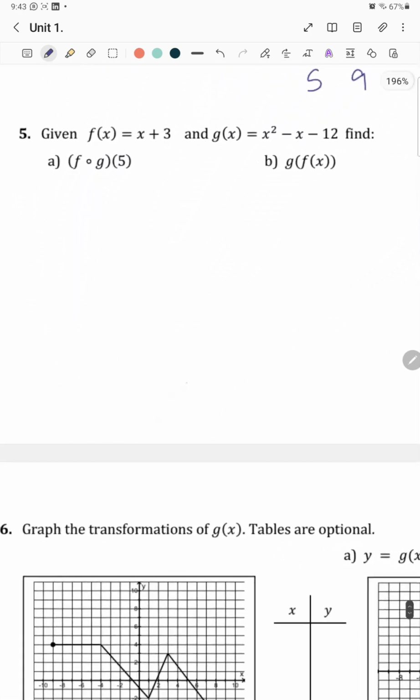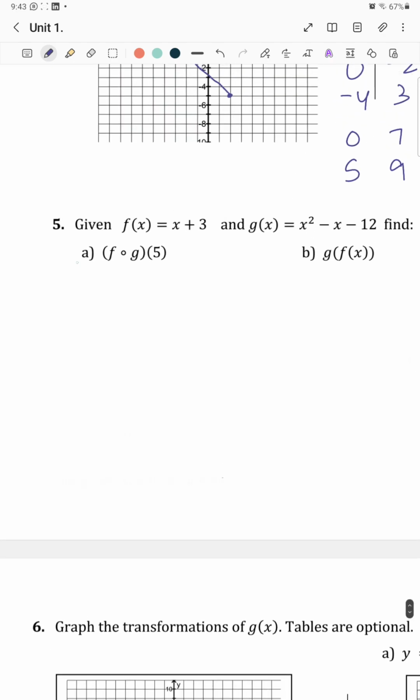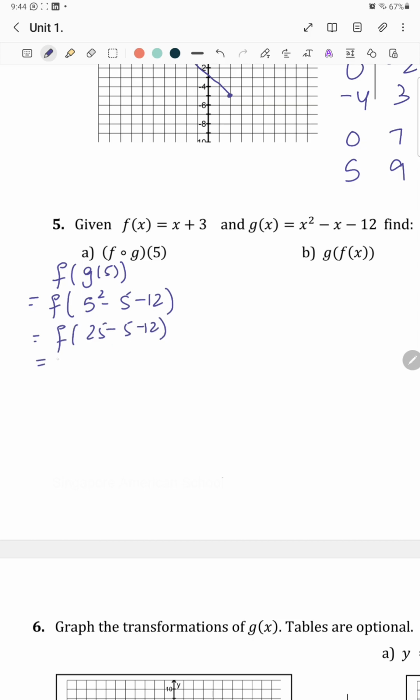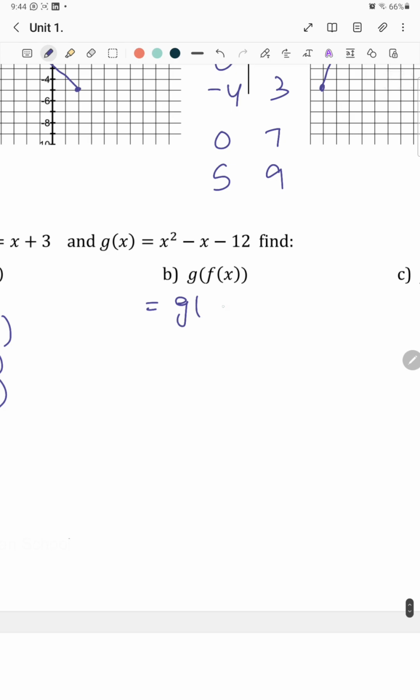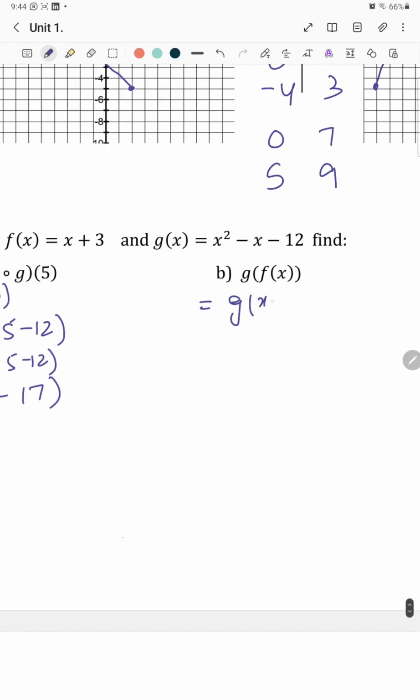F of x is this and g of x is this, find f of g of x. G of f(x) would be, f of x is x plus 3.